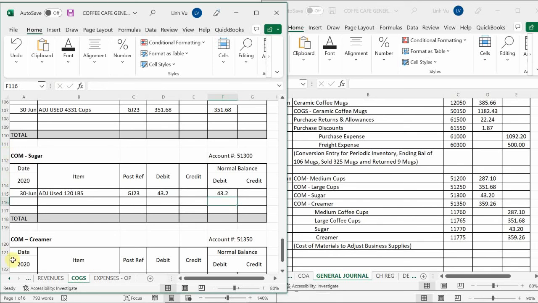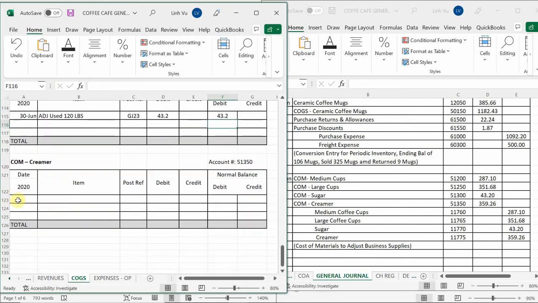And then for the coffee creamer, we used 22 cases, 12-pack creamer, for a total of $359.26.